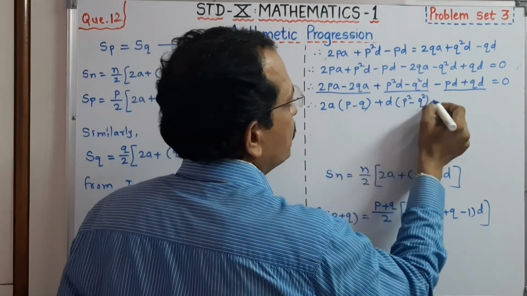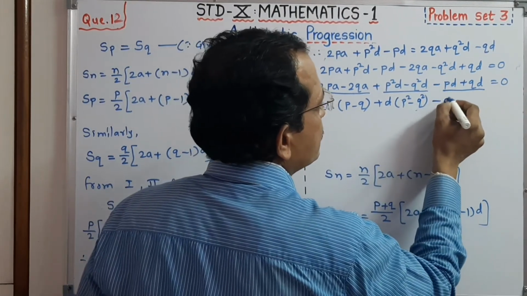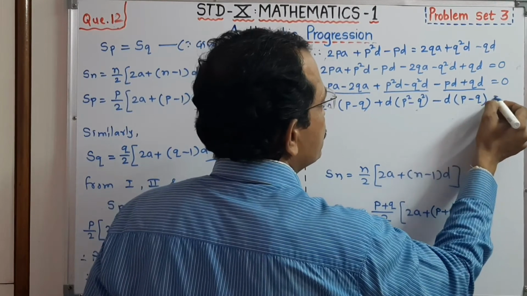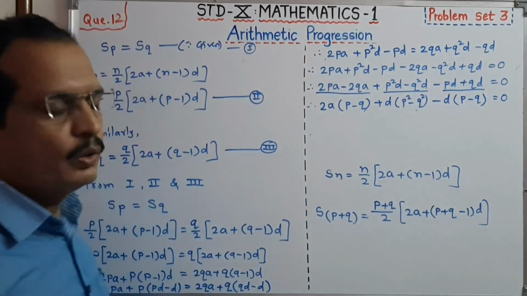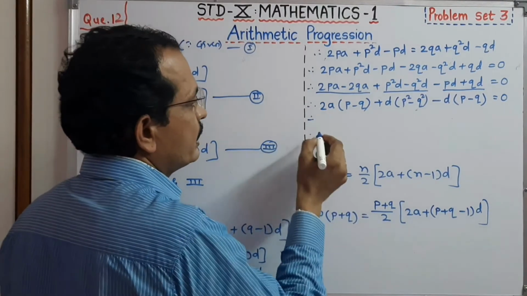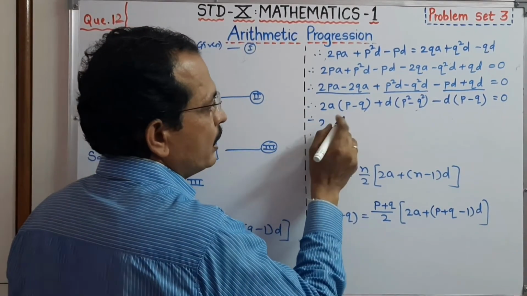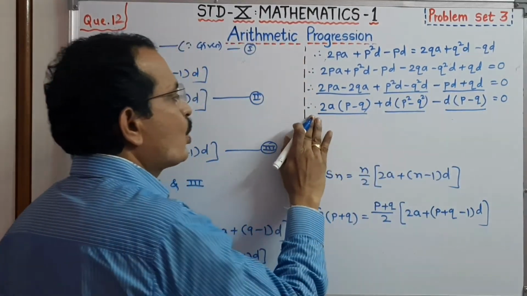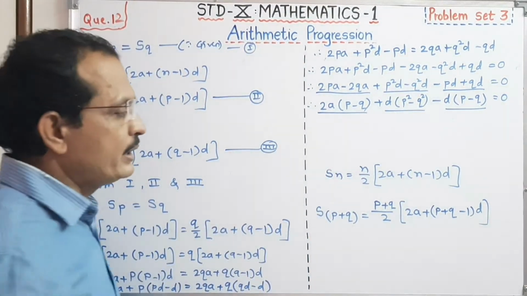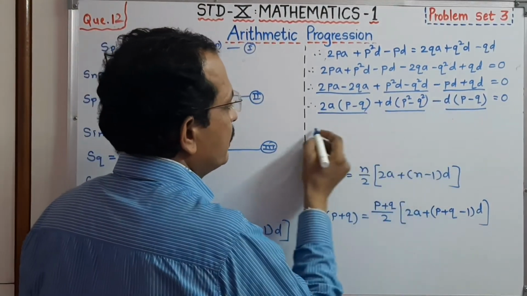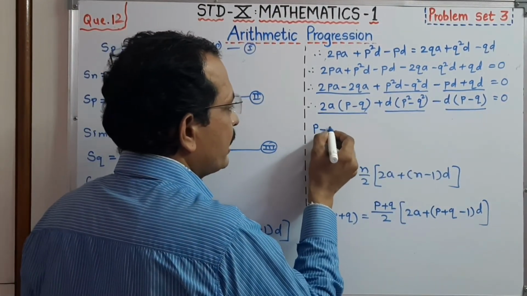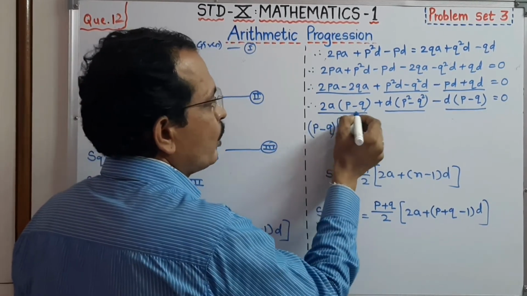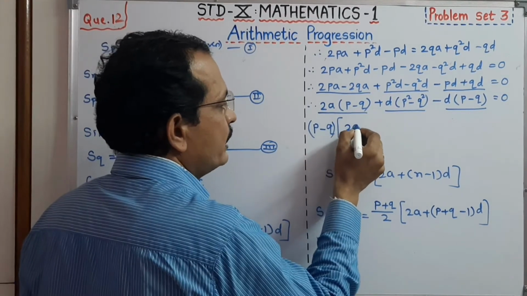Now see here, minus, we can take out d as a common, then it is p minus q is equal to 0. Now p minus q is a common factor in this and this and this term, therefore we write here p minus q. In bracket we write, from this p minus q, it is 2a.